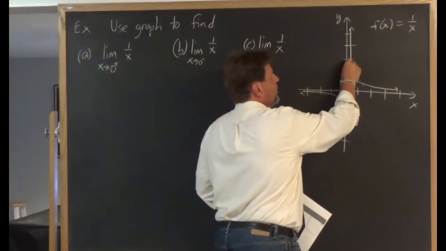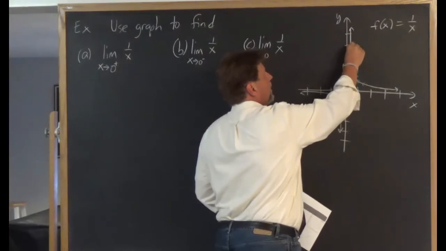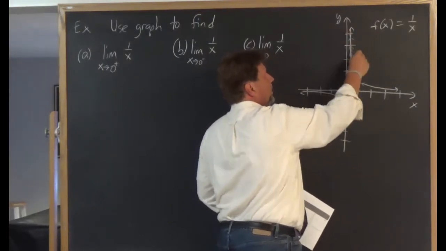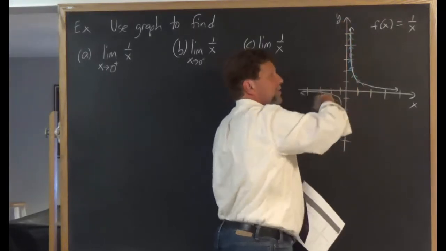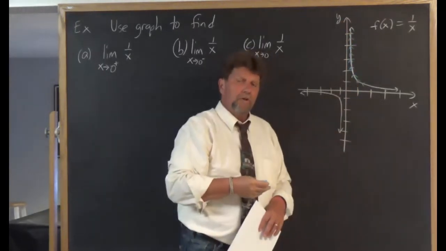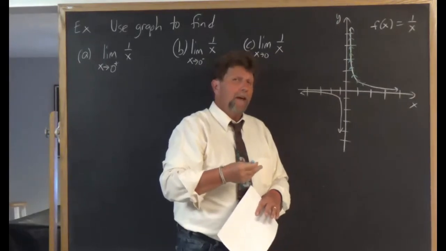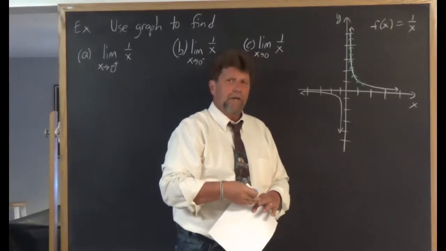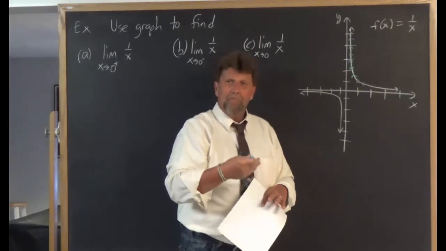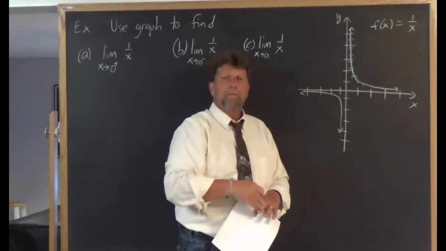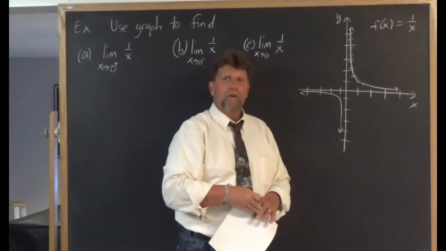Those y values are getting larger and larger and larger. In fact, the y values are continually increasing. They're going to increase without a bound. There's no stop to how high they will increase.